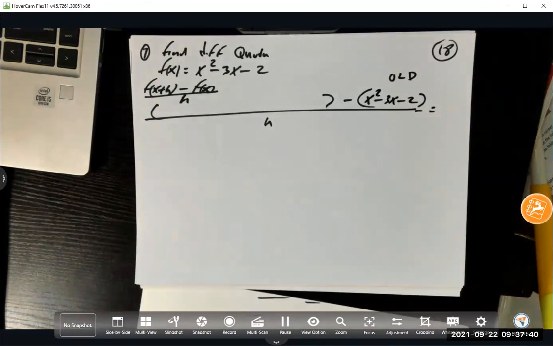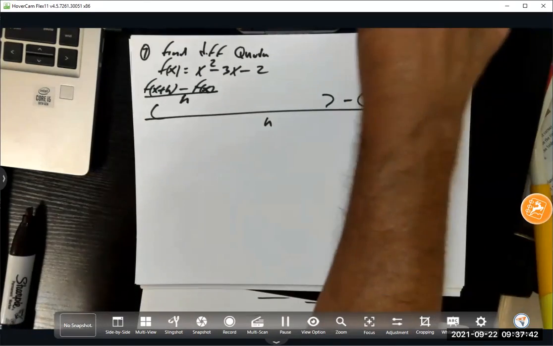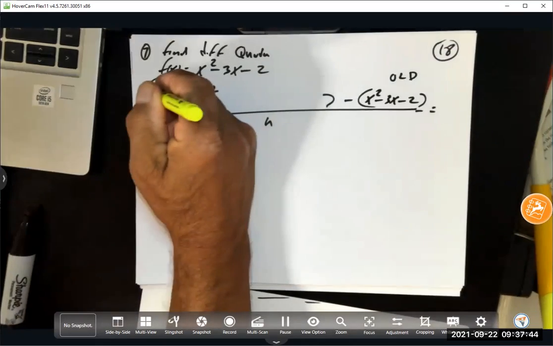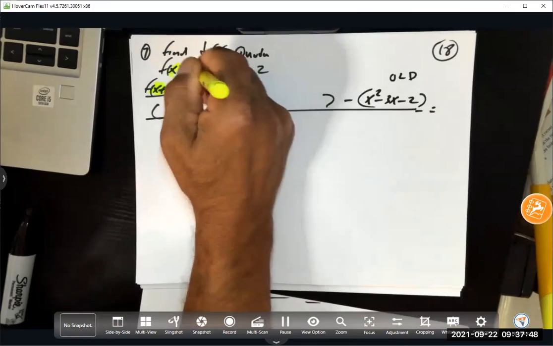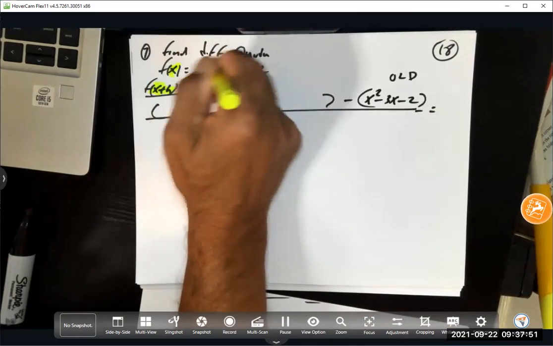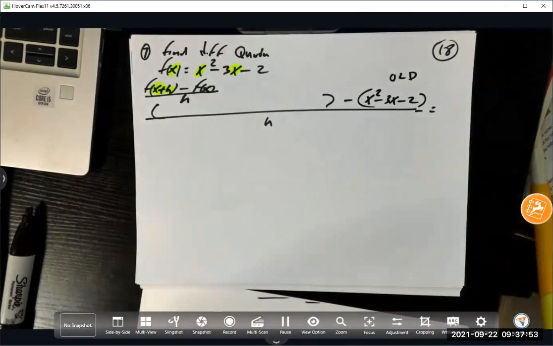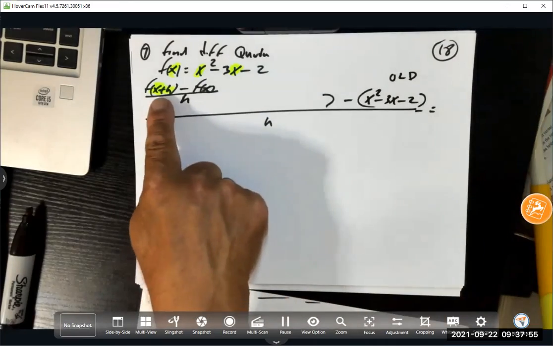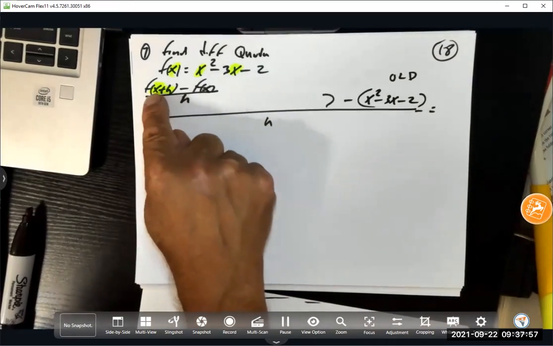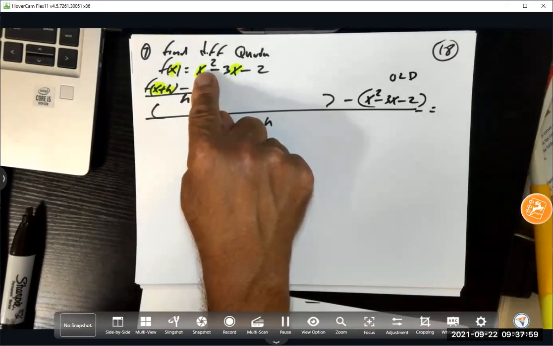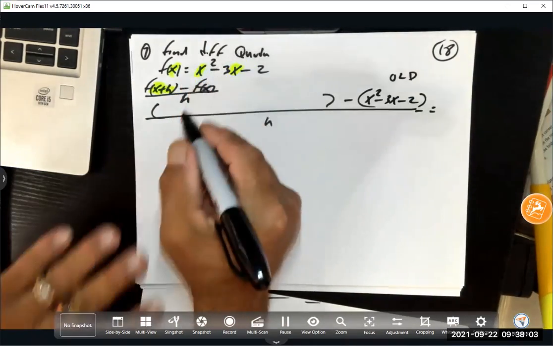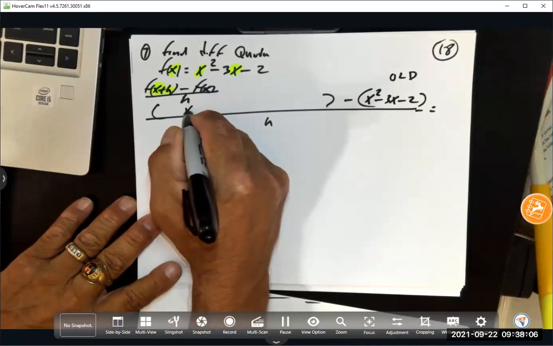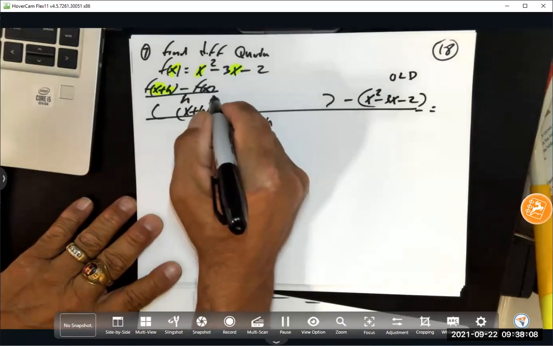And the new one has all this extra stuff in it. It has x plus h embedded in all of these things. Does that make sense? What we're doing is just replacing the x with x plus h. So instead of x squared, it's really going to be x plus h squared.